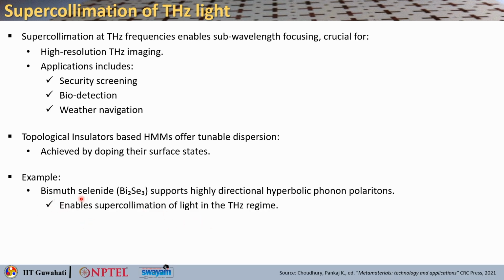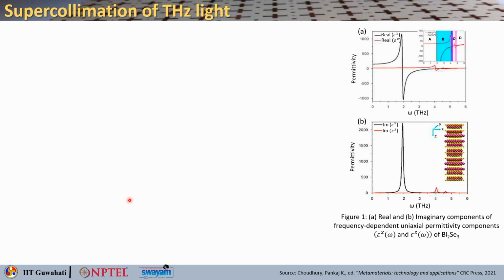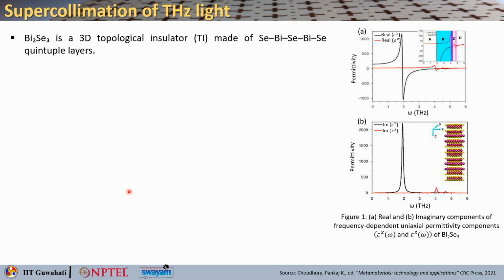This particular material is very interesting, and that is what we will be studying here today. Bismuth selenide is a compound of bismuth and selenium, which is a 3D topological insulator made of selenium, bismuth, selenium, bismuth, selenium quintuple layers.